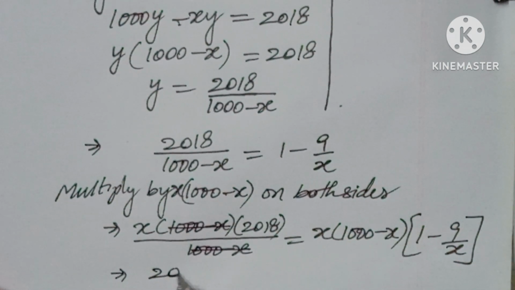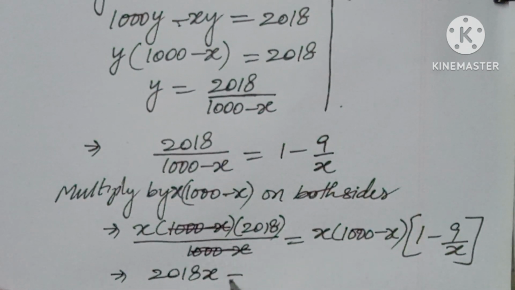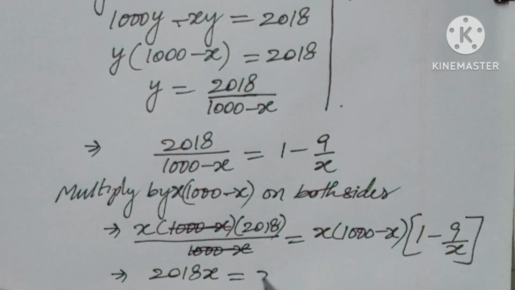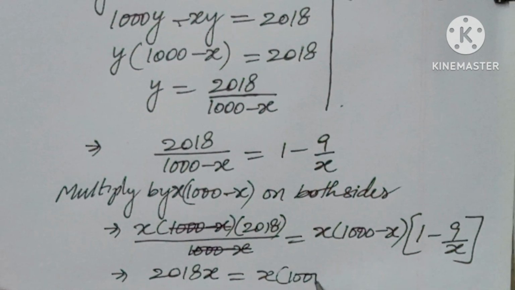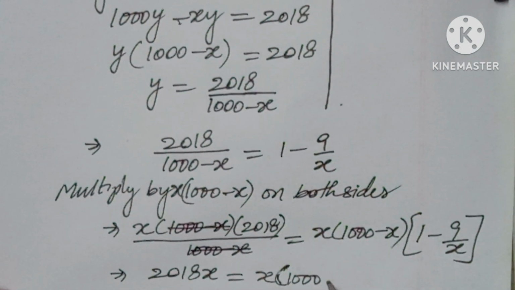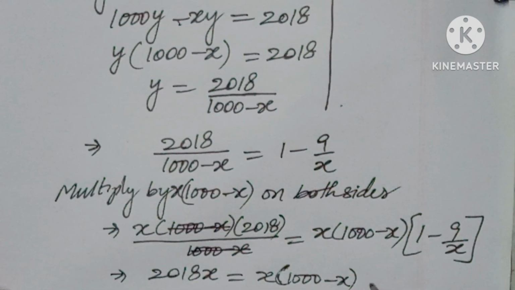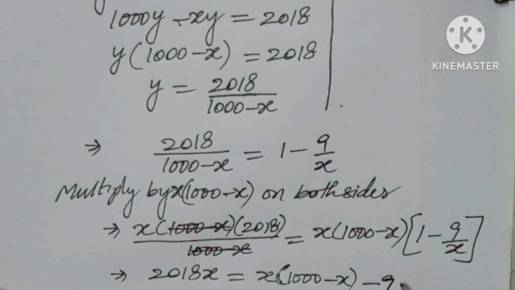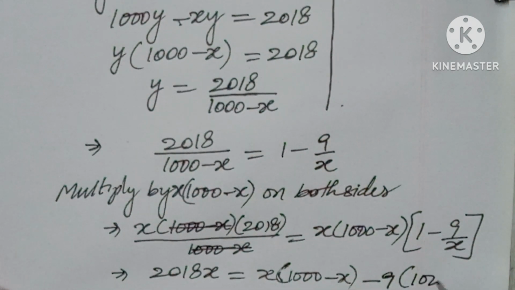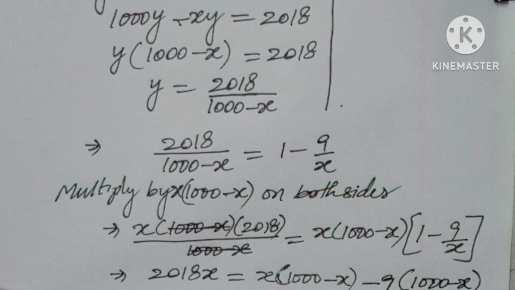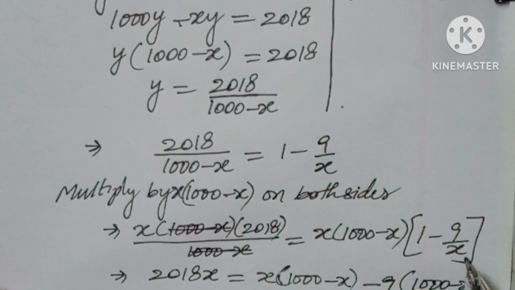So here you'll get 2018x is equal to x into 1000 minus x minus 9 into 1000 minus x. Here the denominators will get cancelled, x and x.